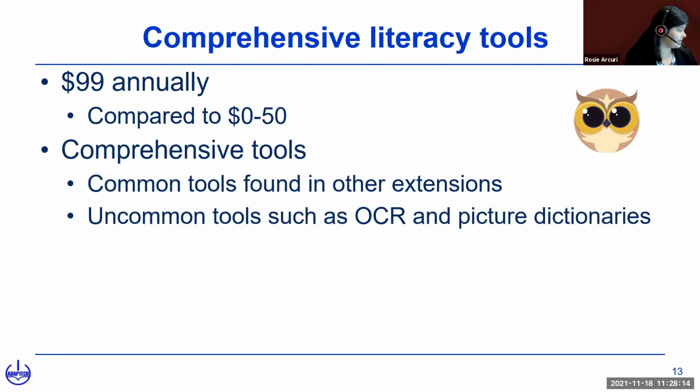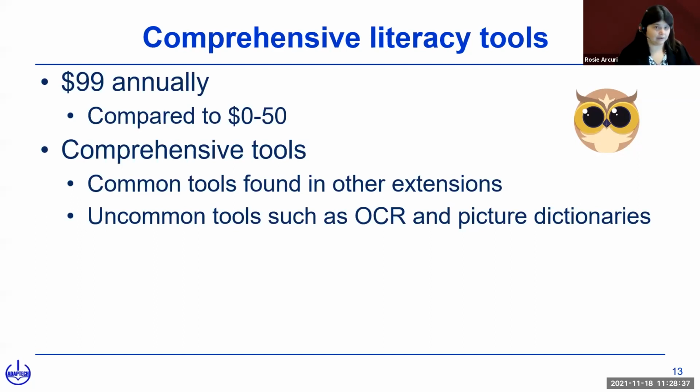So I will say that there are some super extensions, or some extensions that are more comprehensive and mimic more the assistive technology tools that we know and love. Often these are $99 or more, generally around that $100 price point.